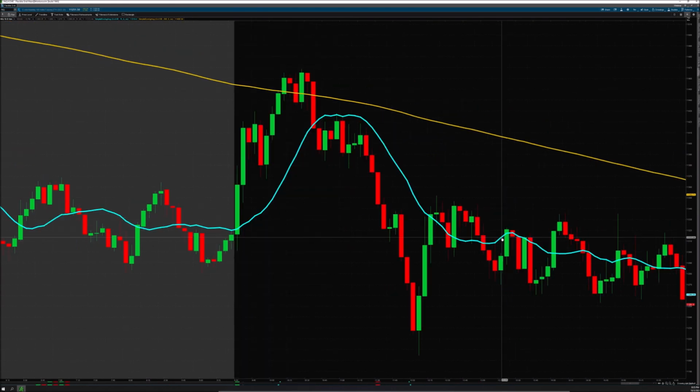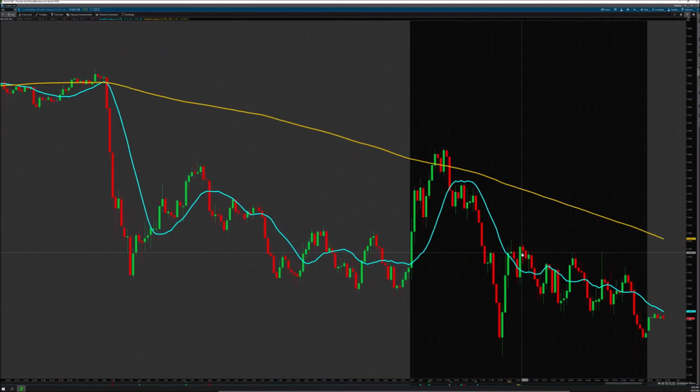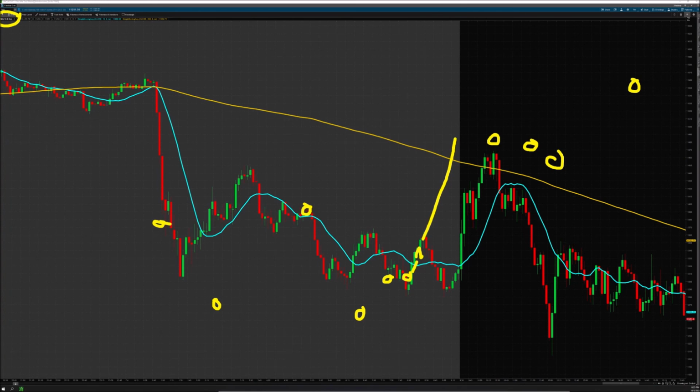I see that it acted as resistance on Friday. Right here, it acted as support and resistance. Has a little bit of support there, and then basically price got rejected.